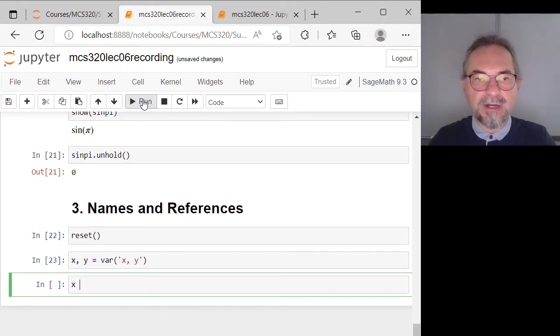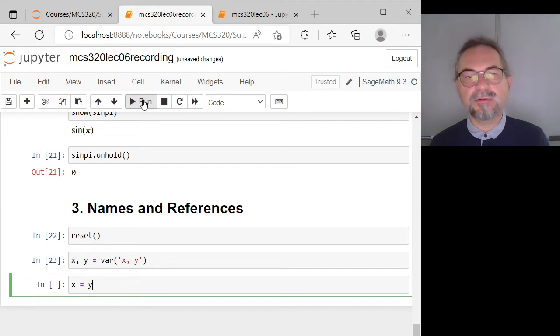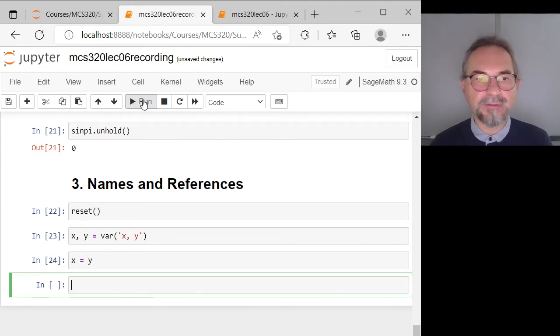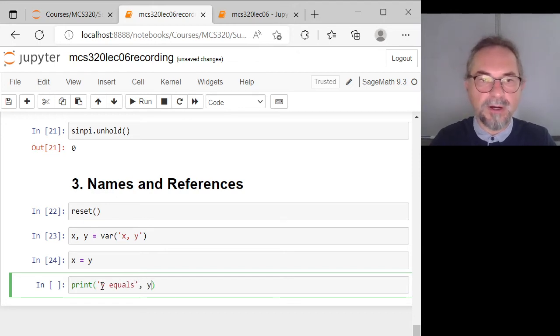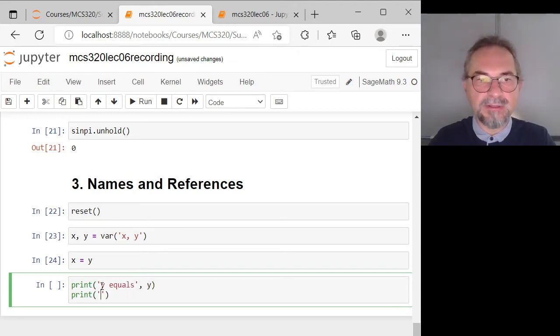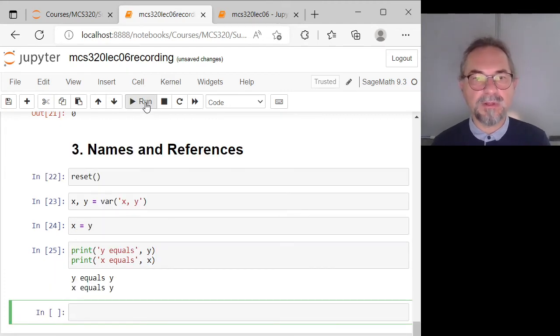And what I do is I assign x equals y, so that's an assignment. So what happens after this assignment? Let me print this out. So y equals y and x equals x.